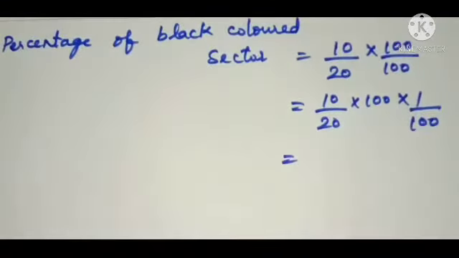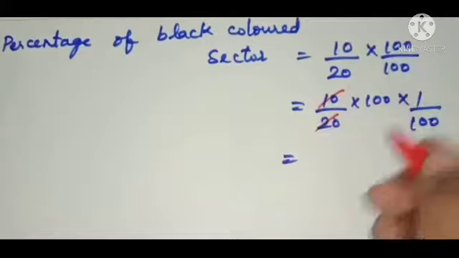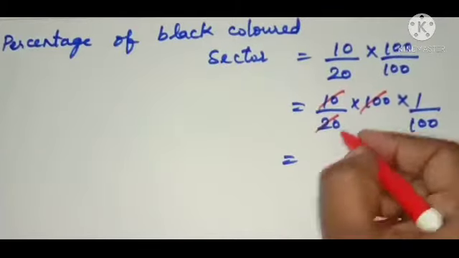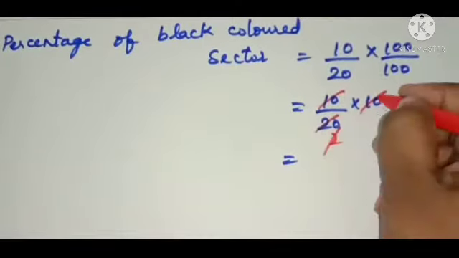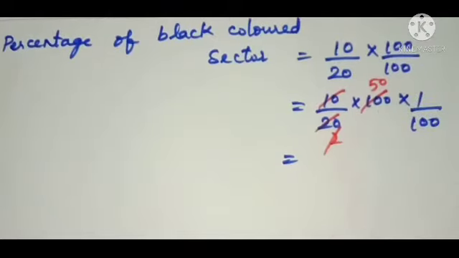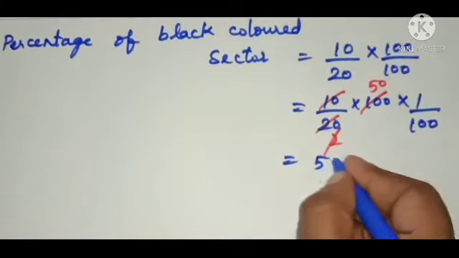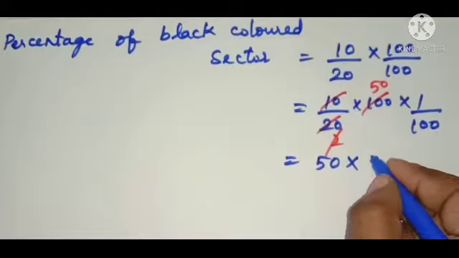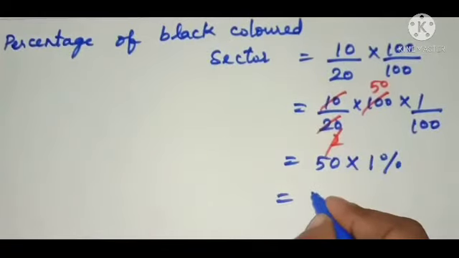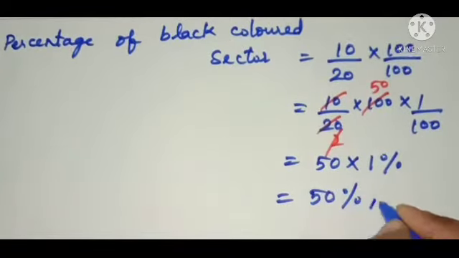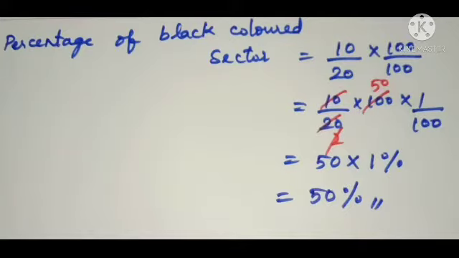Here when we cancel these numbers, here it is 2 times, again it is 50 times in the numerator. 50 into 1 by 100 is 1%. 50 into 1 is 50%. So percentage of black colored sector is 50%.